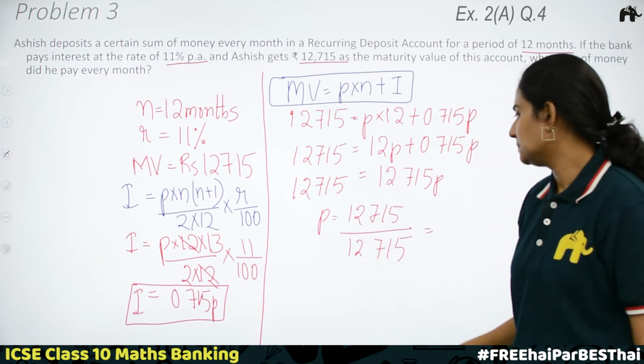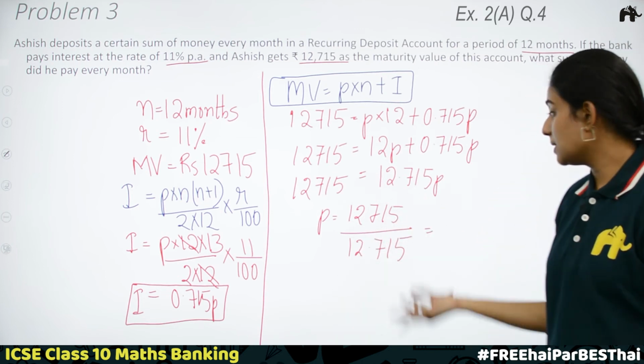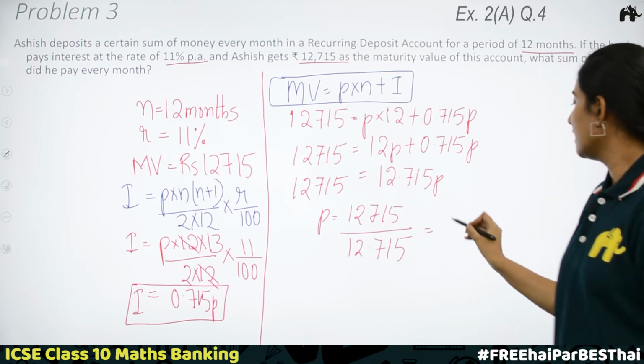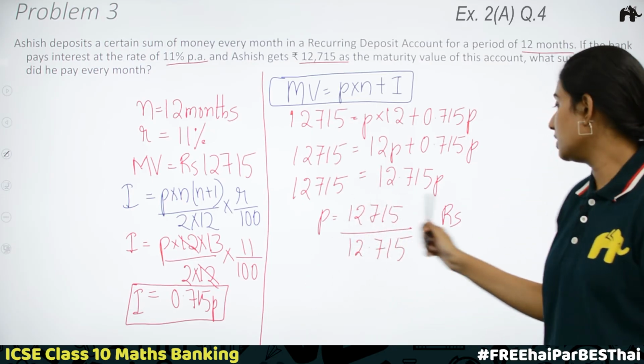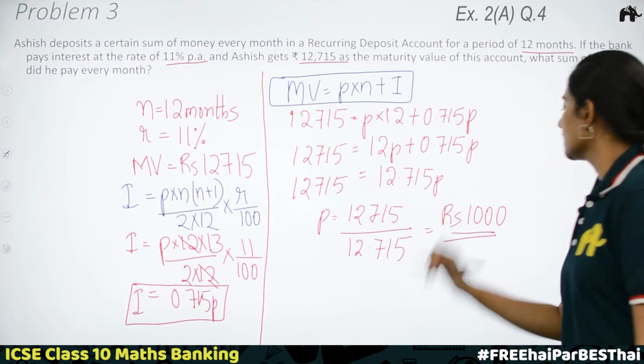Calculation is simple. On the numerator and denominator, you can multiply by 1000 in order to remove the decimals. Then the final answer will be, that is the monthly installment will be equal to rupees 1000.